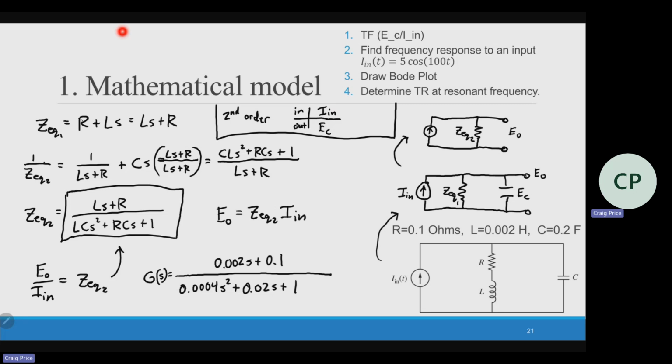If I had i cubed, I don't think I have that actually, i cubed becomes negative i.